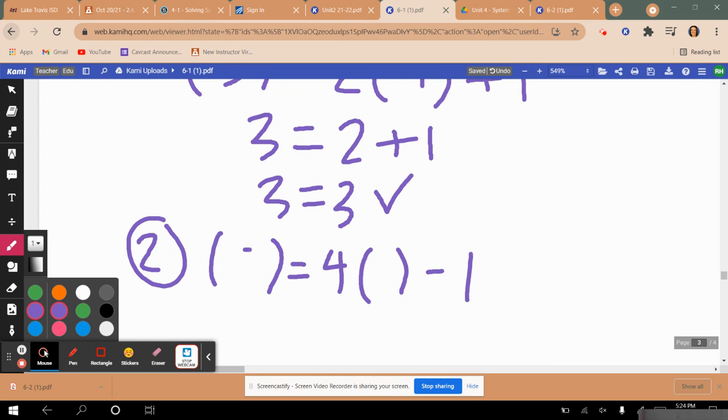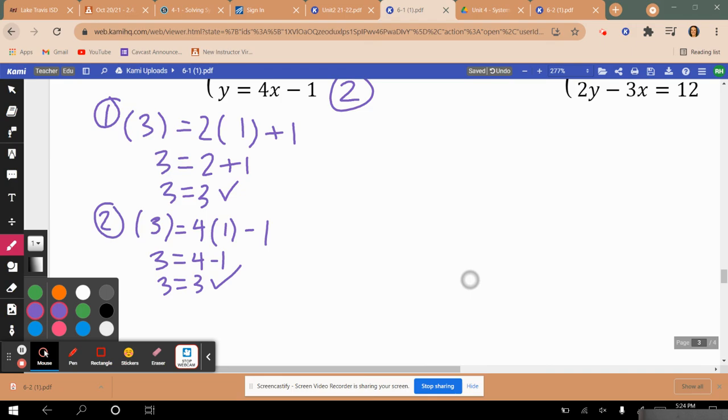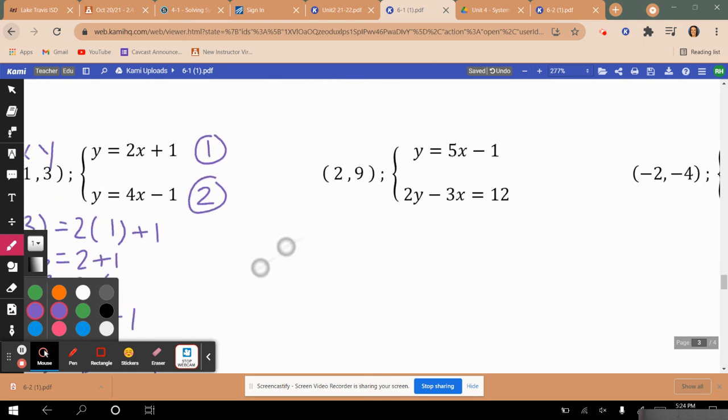Y is 3. X is 1. 3 equals 4 minus 1. 4 minus 1 is 3. 3 equals 3. Checks out. They both check out, so we have a yes. Remember, I've been looking for that yes, and I'm looking for your work.